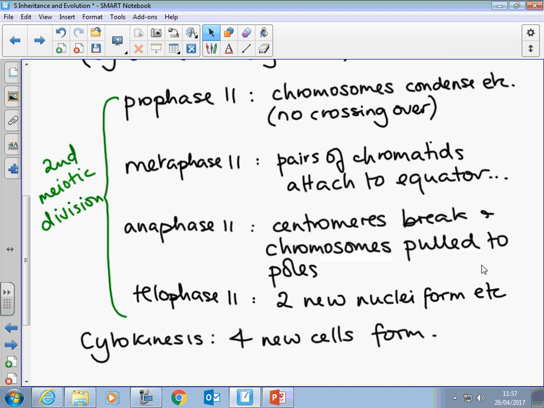You'll find that you've got a sheet in your handouts which is quite a neat sort of comparison of mitosis and meiosis. There's just one thing I want to add on the end.